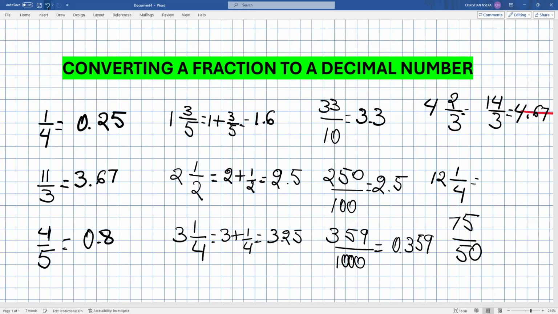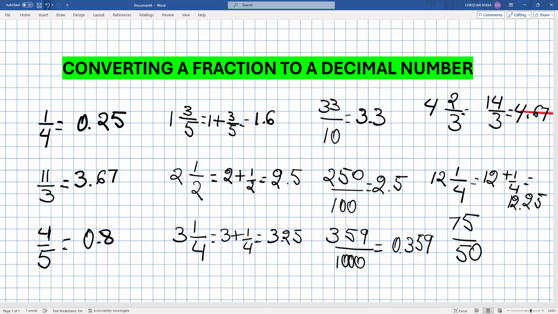All right, so this one here, you can expand it as 12. You can make it as an improper fraction, or you can expand it. It becomes 12 plus 1/4. So as we did before, 1 divided by 4, you got 0.25 plus 12, and you got 12.25.